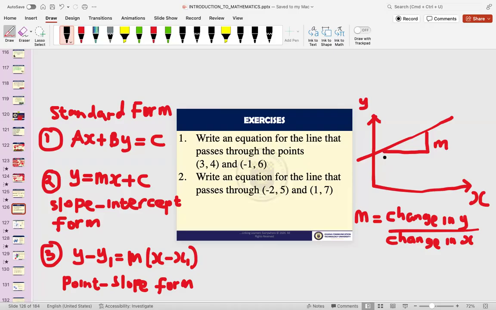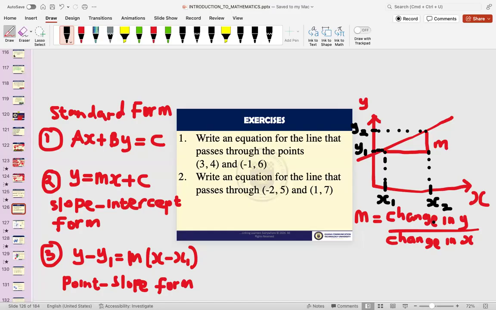Change in y divided by change in x. Look at this one. This point is where the x is starting. So this is x1. This point is where the x will end. It's called x2. When you come to the y, this point is where the y is starting. So you have y1. And then this point is where the y will end. And so it becomes y2.